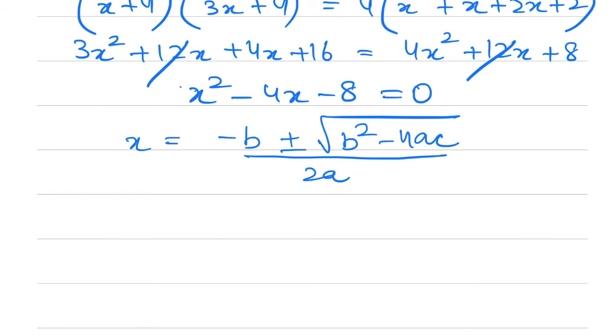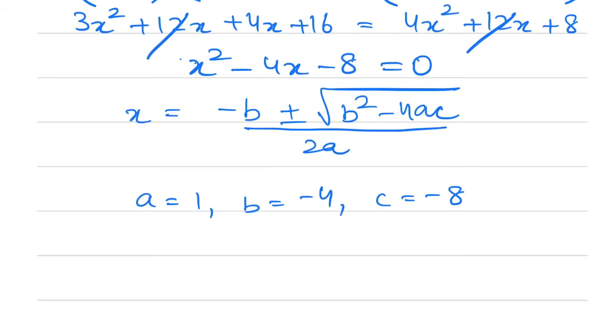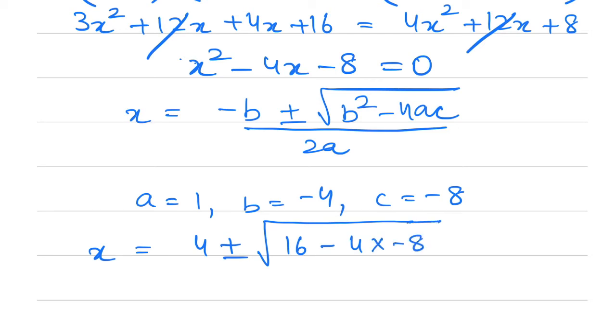So here a is equal to 1, b is equal to minus 4 and c is equal to minus 8. Let's substitute here. So x is equal to 4 plus minus square root of 4 square 16 minus 4 into minus 8 by 2.